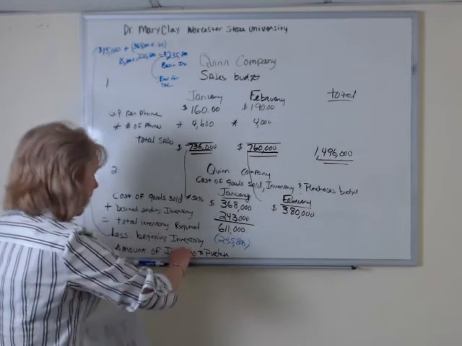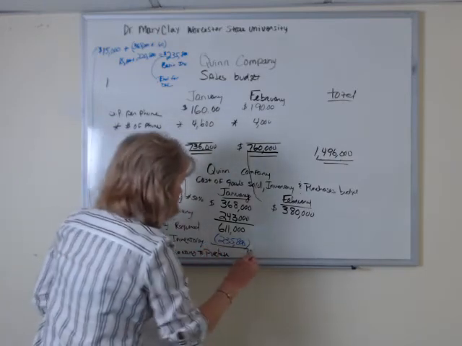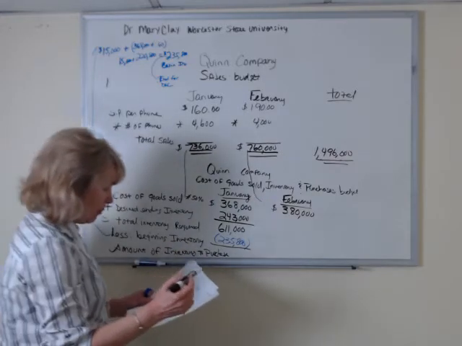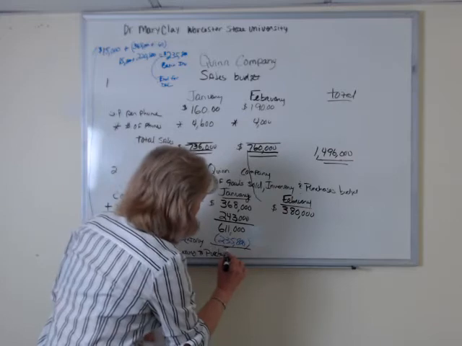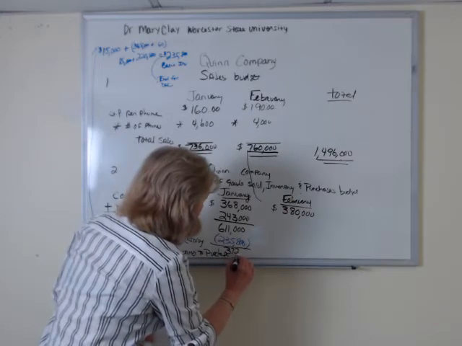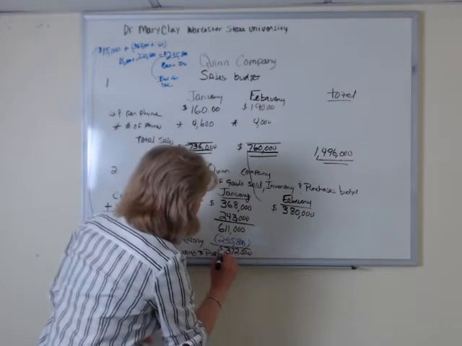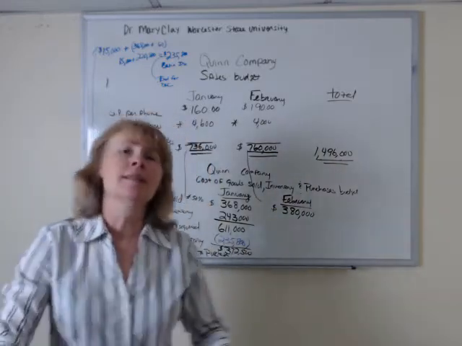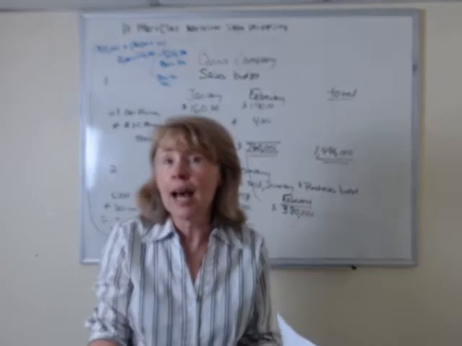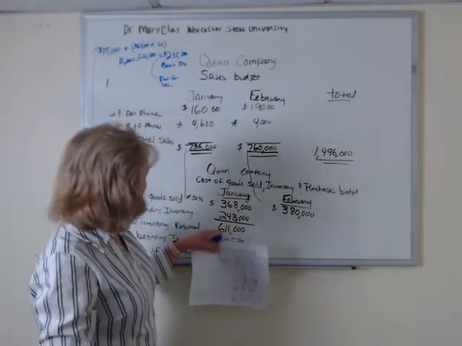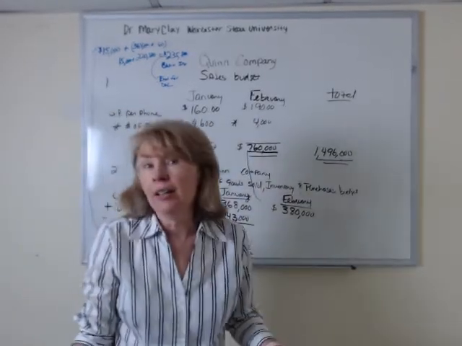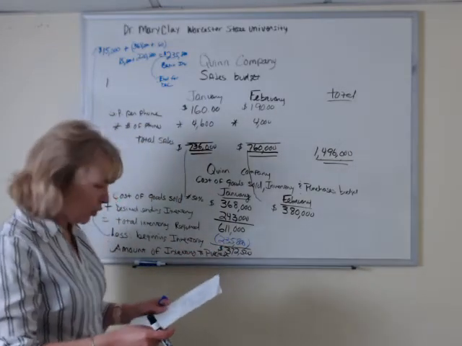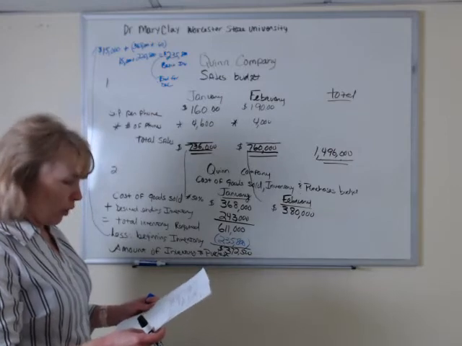Then we're going to draw a line and subtract that number. So the amount of inventory to purchase is 372,500. That is a dollar figure. I have to subtract out my beginning inventory because I had some inventory still left. So the amount required is 611, but I still had some, so I want to subtract that. That's how you would do January.